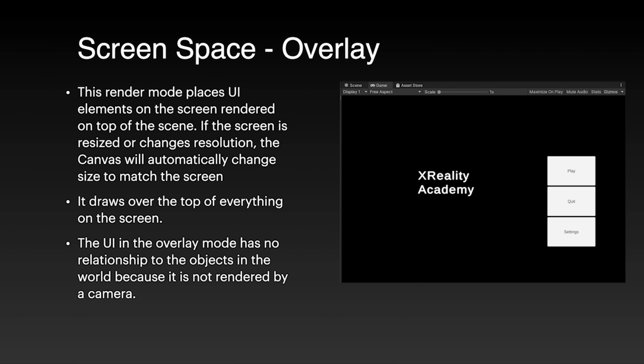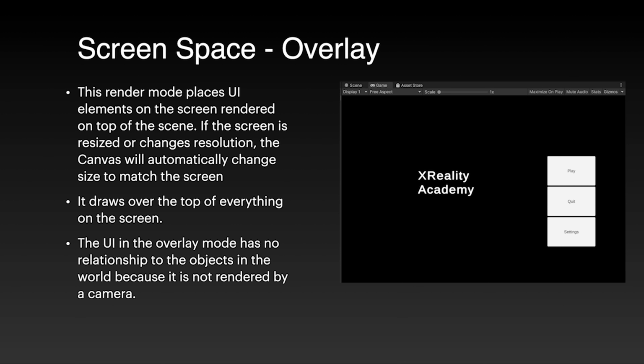For example, if you create a world, right, and you create a screen space overlay UI, it means that it will be the top layer and it will fill out the entire screen. You will never see anything behind it, which is good. For example, if you want to create a mobile game or a game on the desktop, at the beginning you have a home page, right?